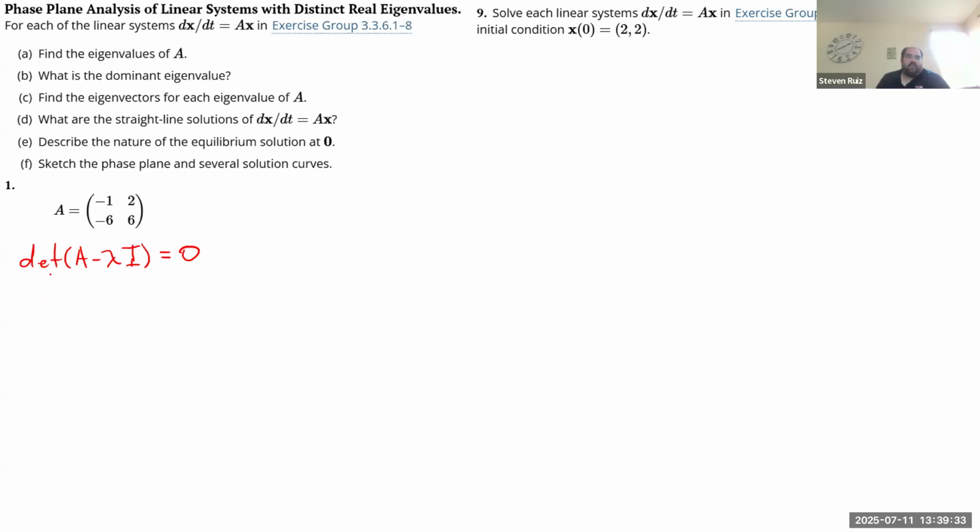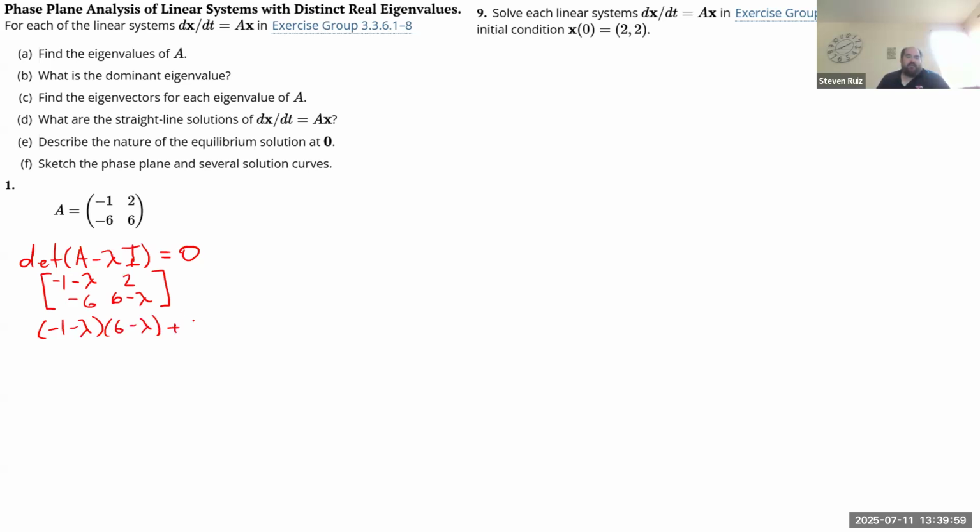Along the major diagonal, I'm going to have -1 minus lambda and 6 minus lambda. The other two entries are going to be the same. If I take the determinant, I will get a quadratic in terms of lambda.